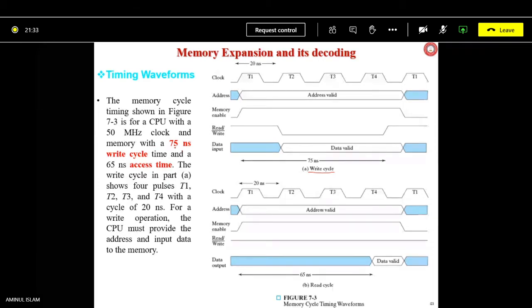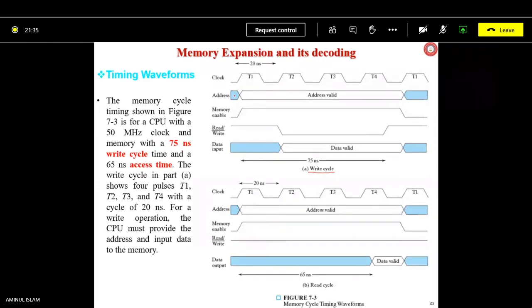The address has been placed, made valid on the address lines, and on the rising edge of the clock, T1, you are applying it. And the memory enable signal, which is nothing but the chip select signal, is also made high at the same rising edge of T1.